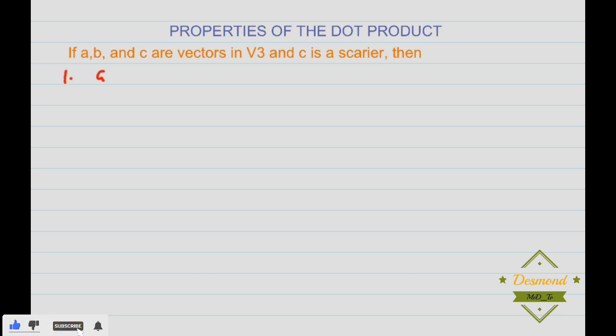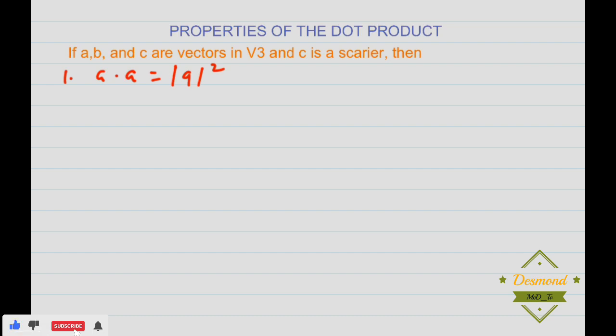is A dot A should be equal to the magnitude of A squared. We can prove this. Let's try to prove the first one before we go to the next one. So how do we prove this?